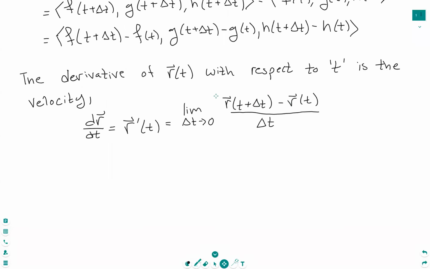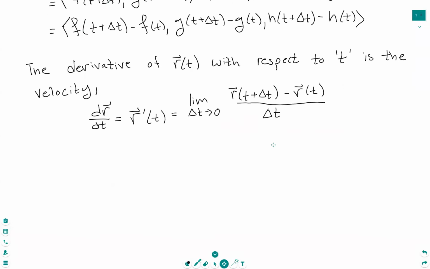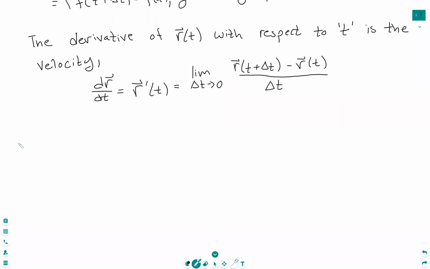Well, we just defined what that difference was, so let's write that in. So this is the limit as delta t goes to 0.